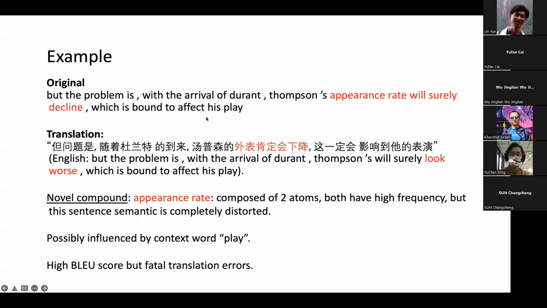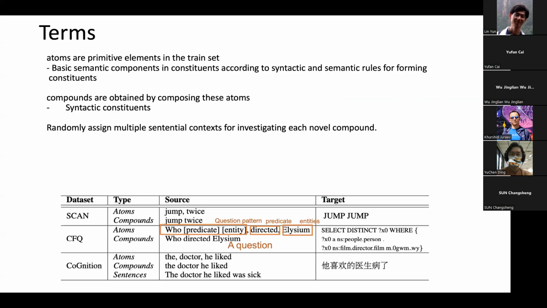Okay, so in this case, how do they identify the atoms, compounds, and a sentence? And here they do not have the definition of a sentence, right? Or the sentence is very straightforward. They still propose the concepts of atoms and compounds.